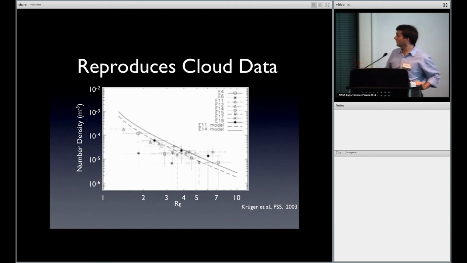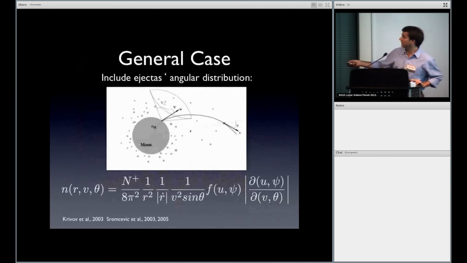As a matter of fact, this simple distribution can describe the measured data well. These are the density measurements around Europa, including about 8 flyby measurements from roughly 1.5 radii to about 7 radii from Europa's surface.